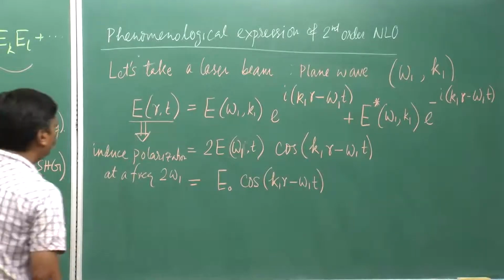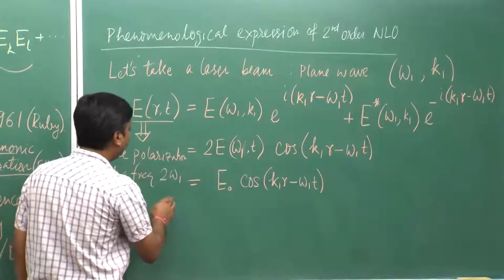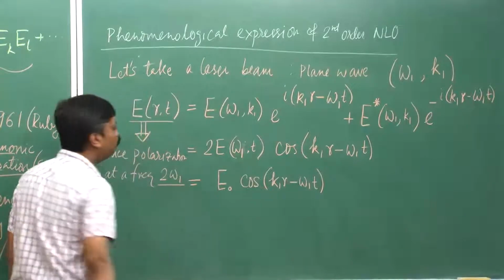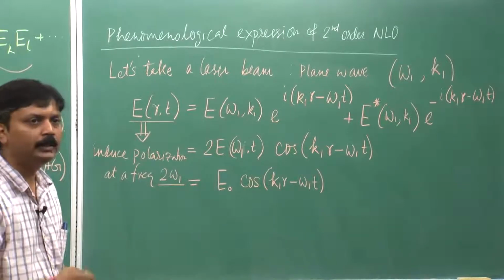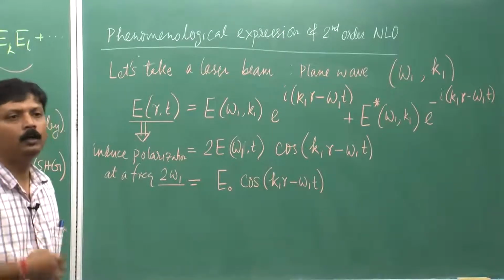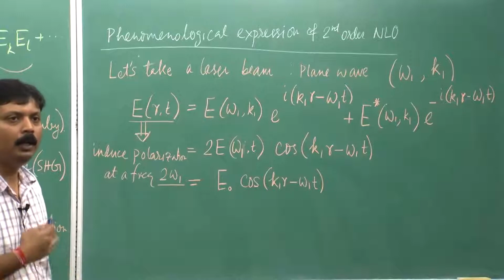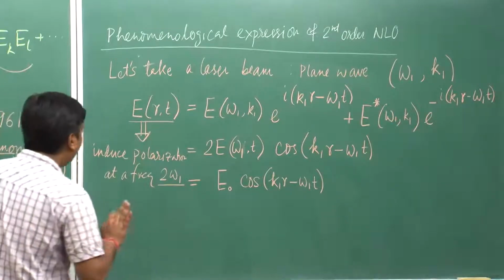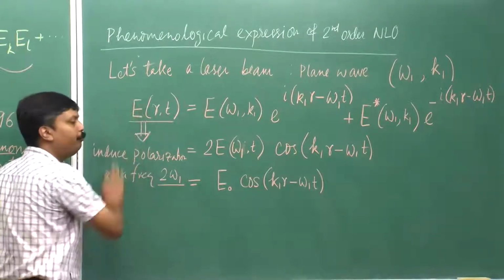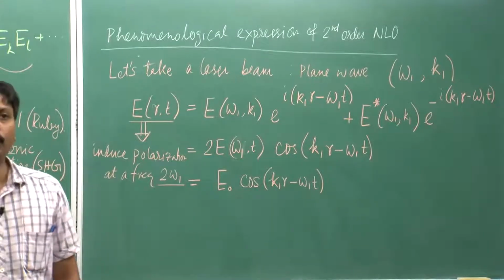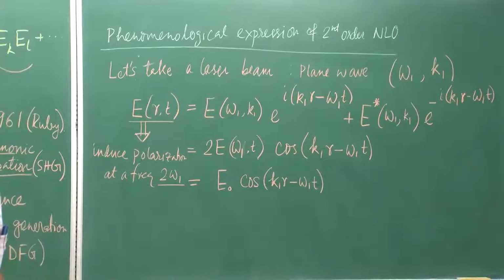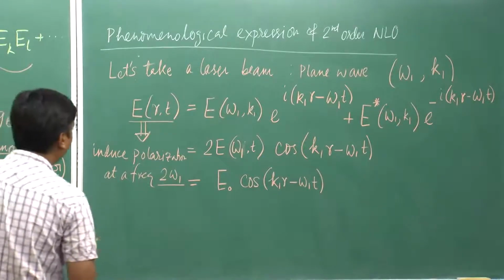So, if I want to make it general, then it will not be 2 omega 1, but if I use two different frequencies, say omega 1 and omega 2, then it will be a combination of omega 1 and omega 2. So, all I want to say is that this particular field will induce polarization within a material which is suitable for showing nonlinear optical phenomena.